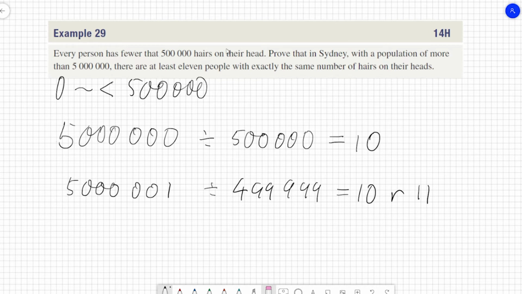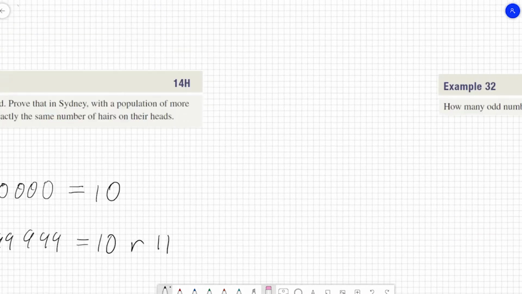You may still have, say, all 5 million people with the same number of strands of hair, but that is not a guarantee unless the number of pigeons is more than 5 million and the number of holes is less than 500,000. Okay, next one.